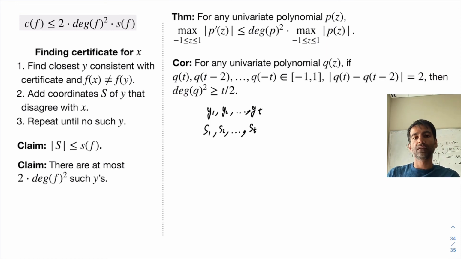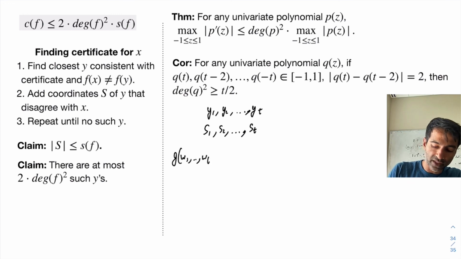We need to show that the number t is bounded by 2 times the square of the degree of f. To do this, we're going to apply the corollary here. Let's define a function g on the variables w1 through wt.